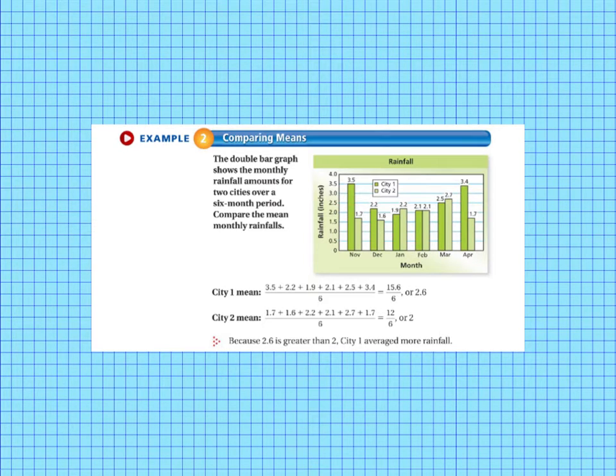So our first step is to calculate the mean for each city. So for City 1's mean, we add up the values. So we find the sum of the data, and we do that for both cities.